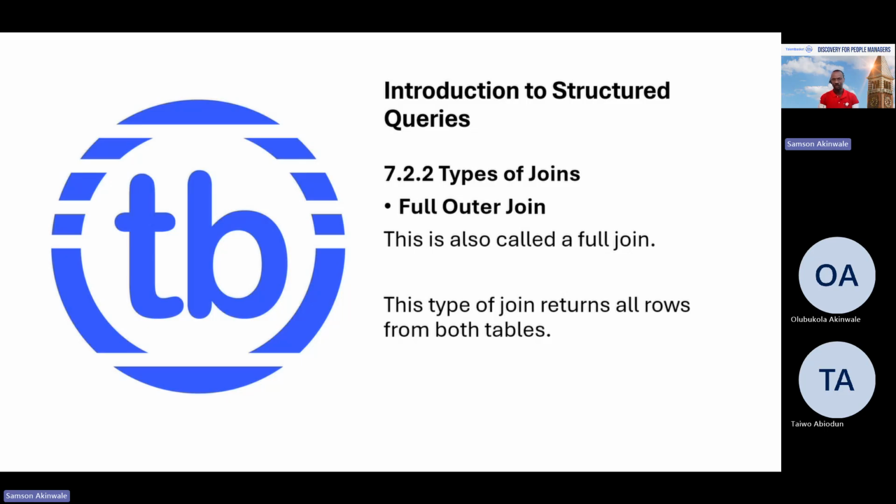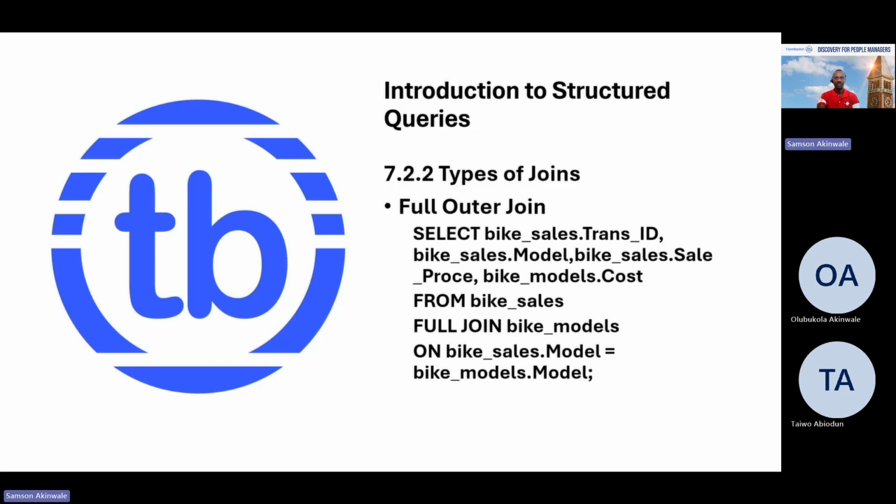So that is why it is called full outer join. And the code is equally similar because in the other one, instead of using inner join, I could use this. I use the exact same code or SQL command that I used earlier in this same example.